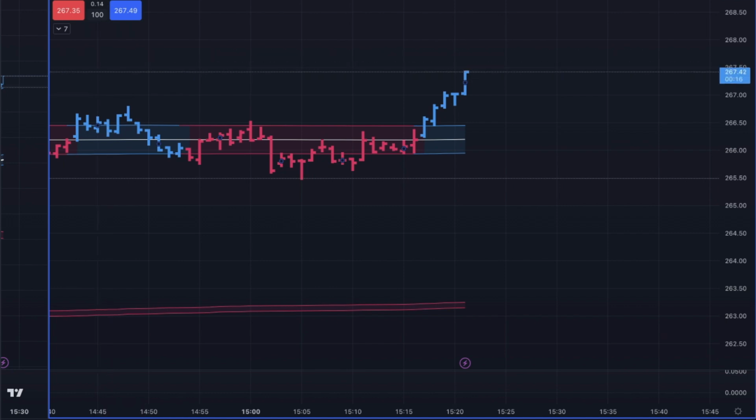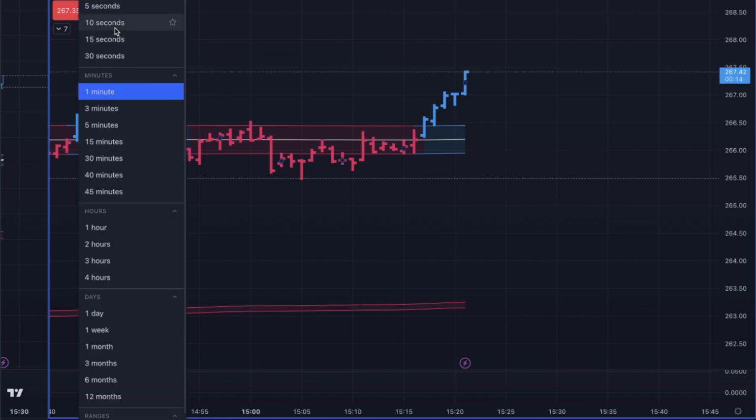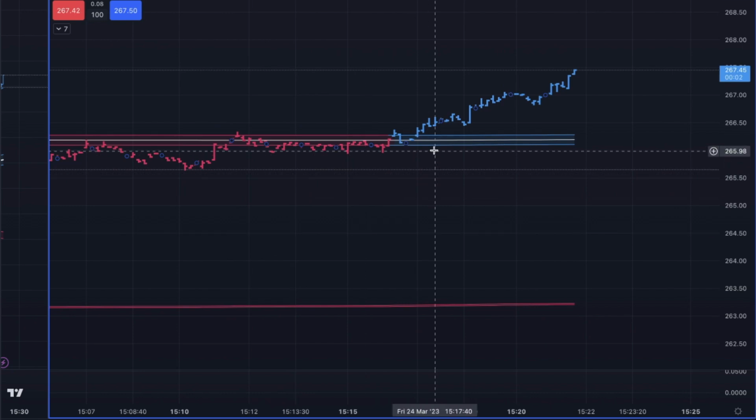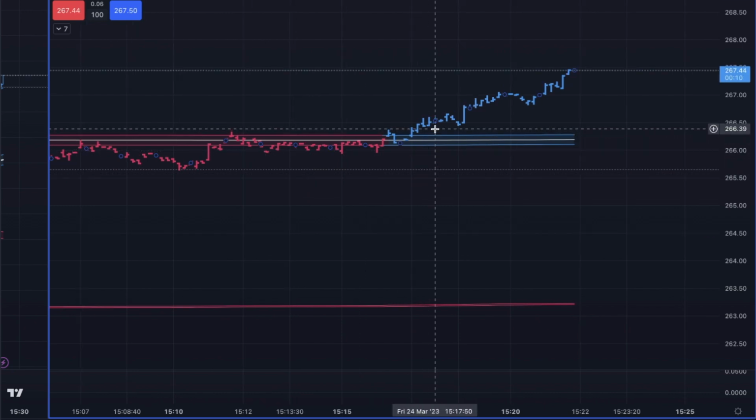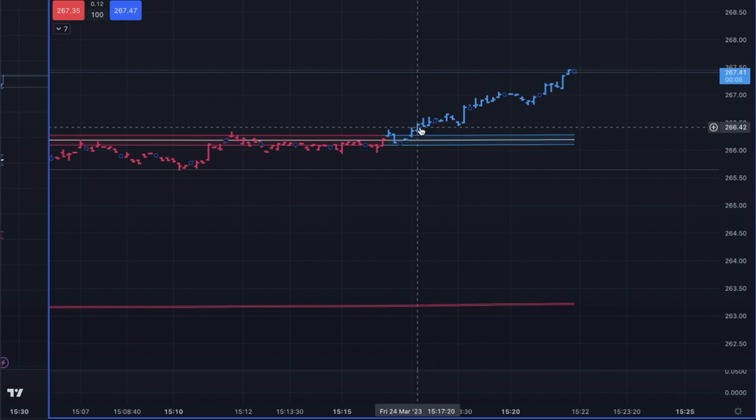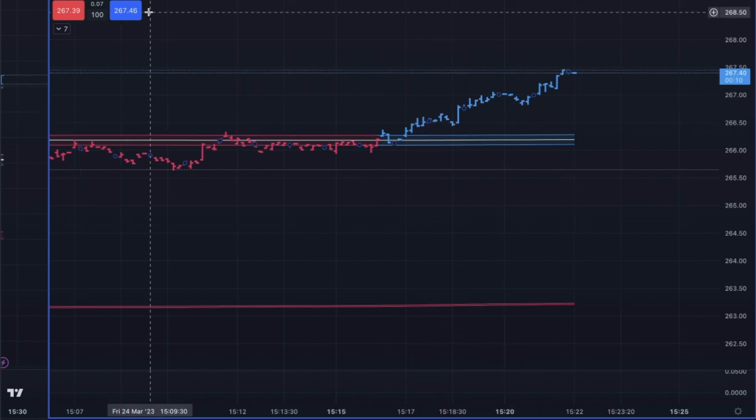So let's look at this on the 10-second time frame. Even better, we have more data and an earlier entry time. I would have entered into this trade over here and held on to it till there.